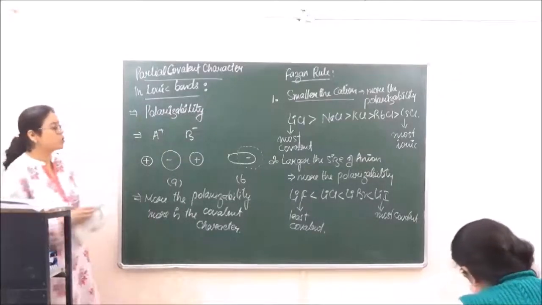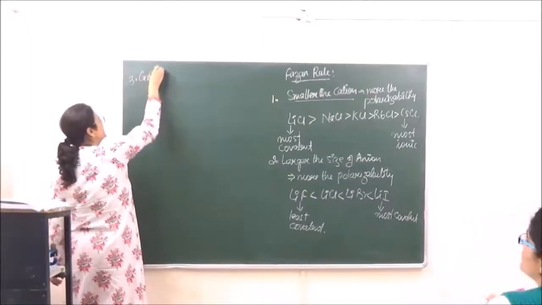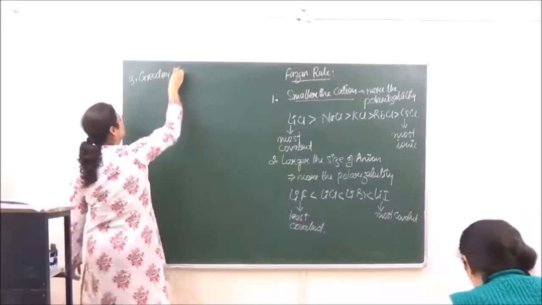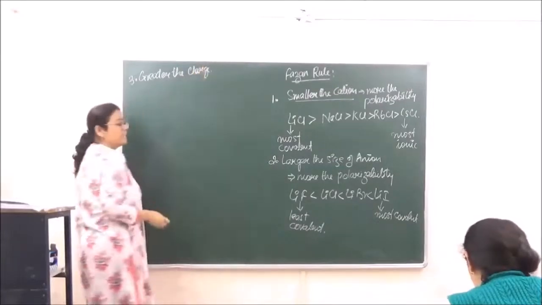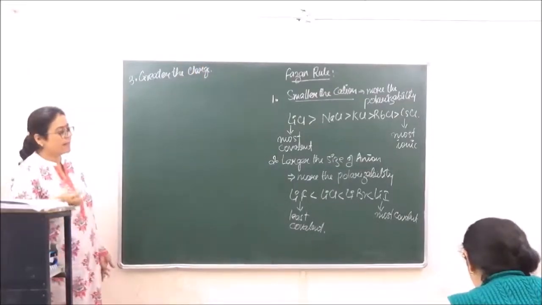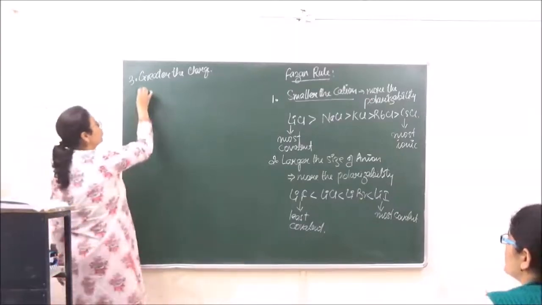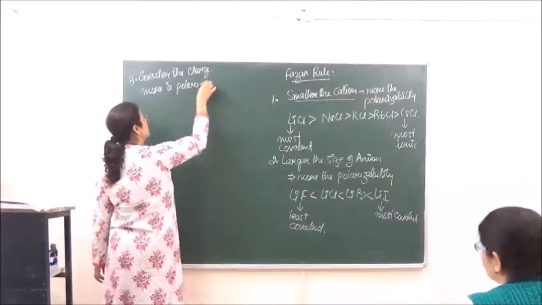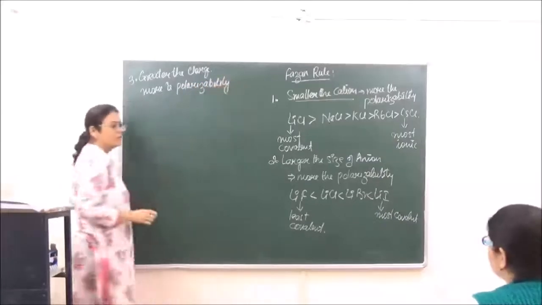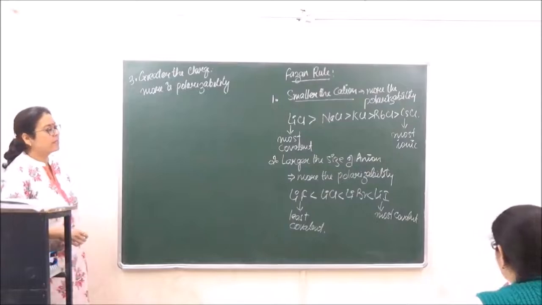Third, it depends upon the charge. So we say the greater the charge, whether on the cation or on the anion, either of the two, the more is the polarizability.